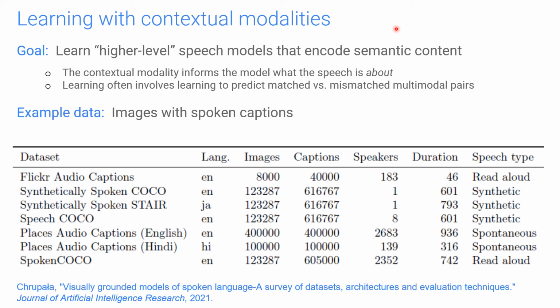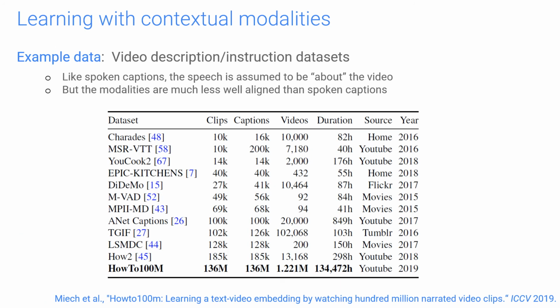And these data sets, which have been collected at MIT and University of Grenoble, among others, now contain up to almost 1,000 hours of speech spoken by hundreds or thousands of speakers, along with their corresponding images for a number of languages. And a related type of data is video data sets that include spoken descriptions or instructions, for example, for cooking or for bike repair and so on.